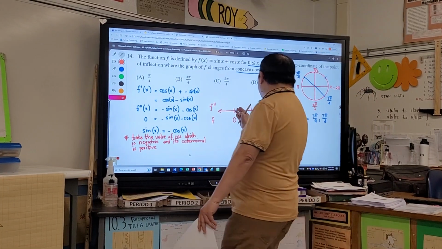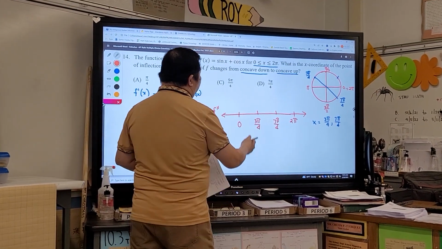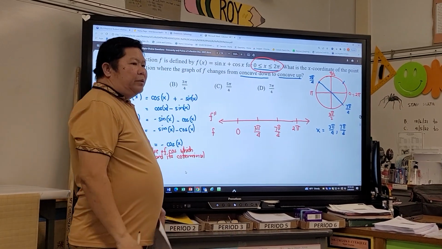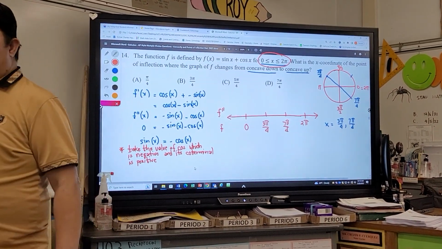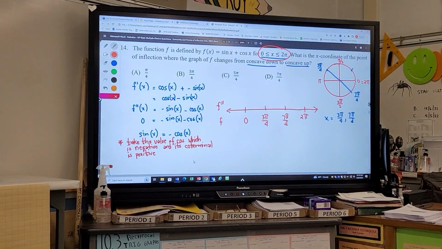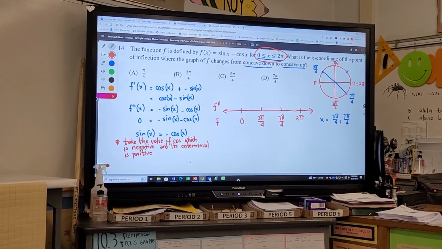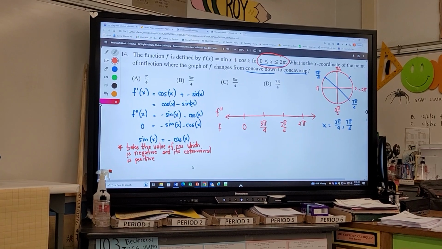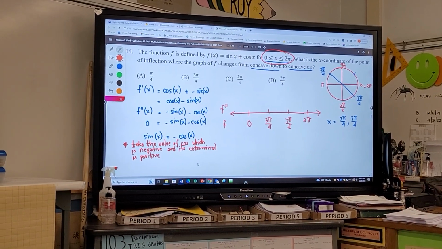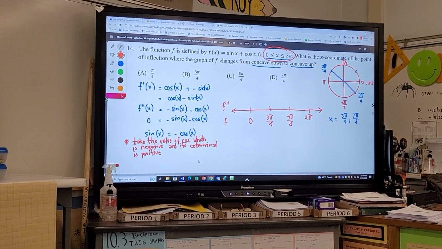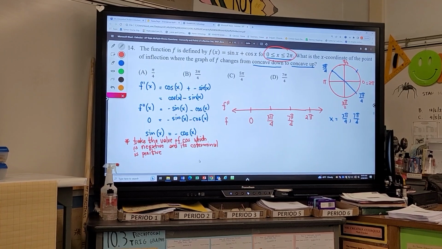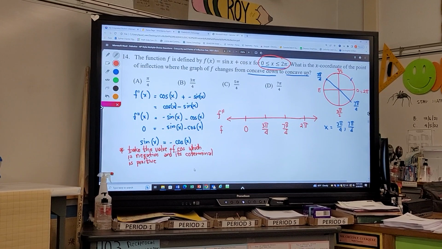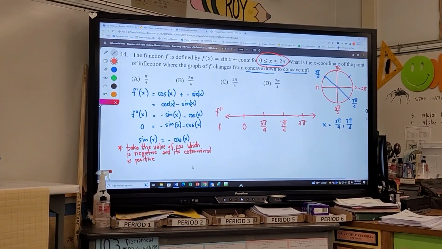Again, we don't include the left of 0 because it's very clear that the interval is from 0 to 2 pi. We also don't include anything to the right of 2 pi, because it's only inclusive from 0 to 2 pi. What do you think?